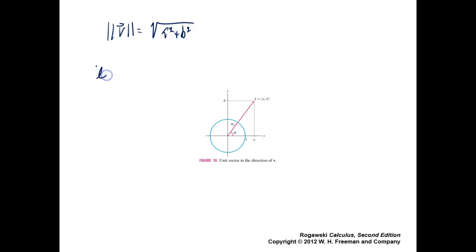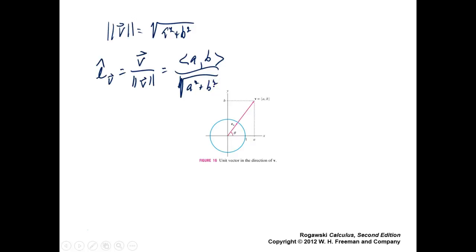Then the unit vector e in the direction of vector v is the vector v divided by its magnitude. That's what we said before. Well, this is (a, b), that's vector v, divided by the square root of a squared plus b squared.